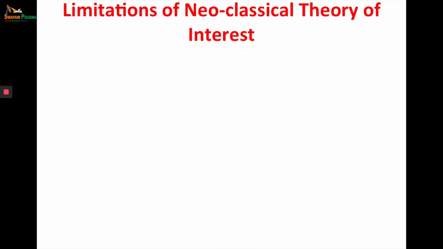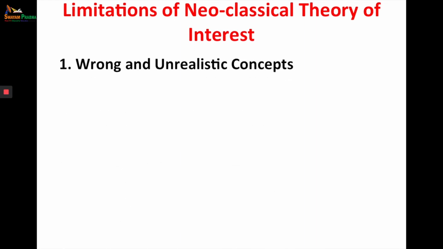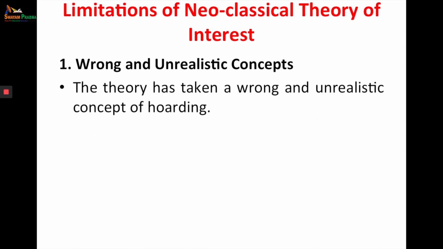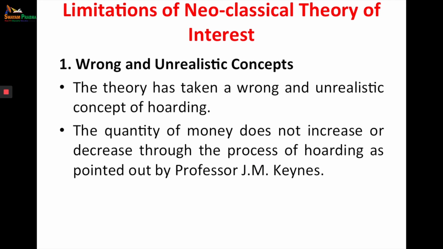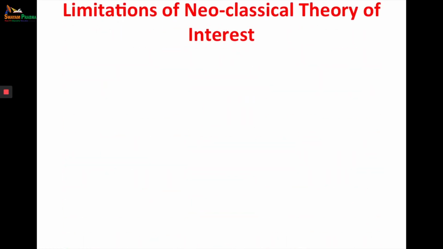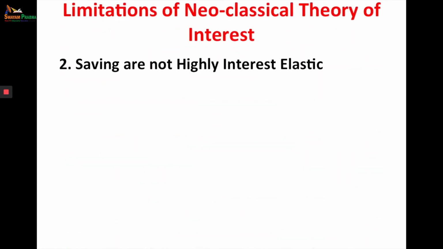But there are some limitations in this theory also. For example, first is the wrong and unrealistic concept. The theory has taken a wrong and unrealistic concept of hoarding. According to Keynes, the quantity of money does not increase or decrease through the process of hoarding. Second, according to modern economists, savings are not highly interest elastic.